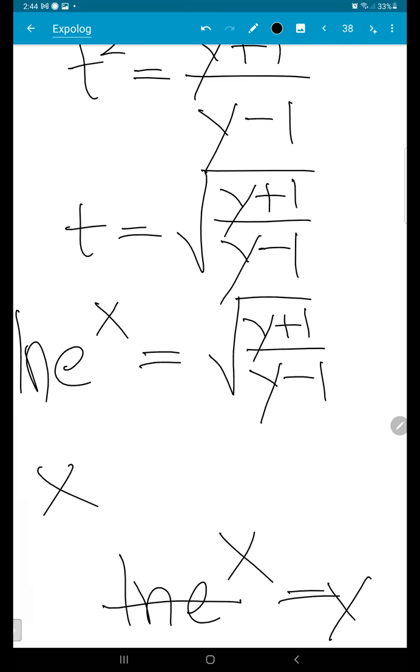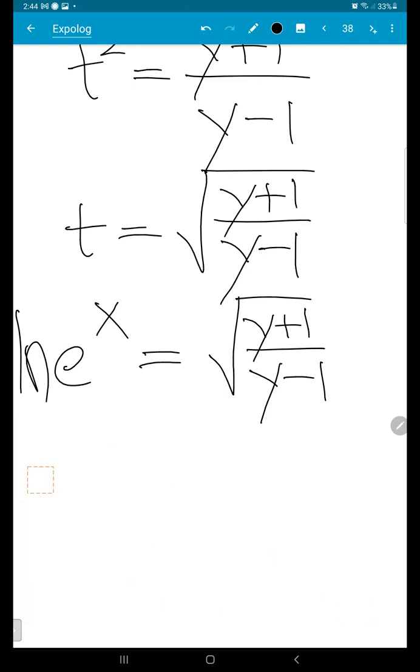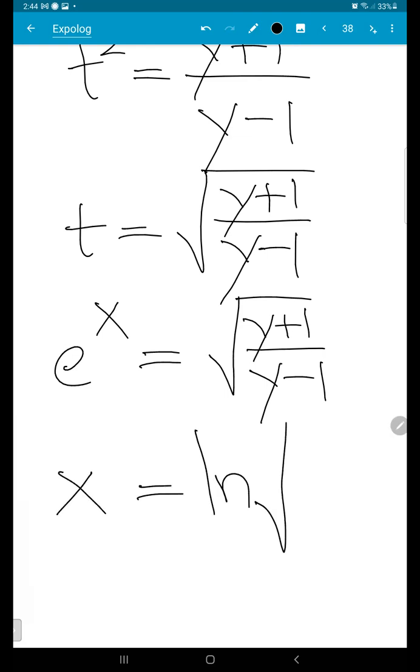Ln and e undo each other. Take the ln of the left-hand side again, that's x. Then you take the ln of the right-hand side. For now, this will do as an answer.